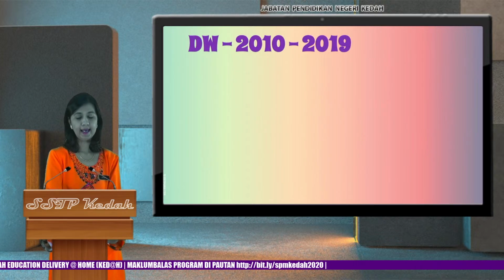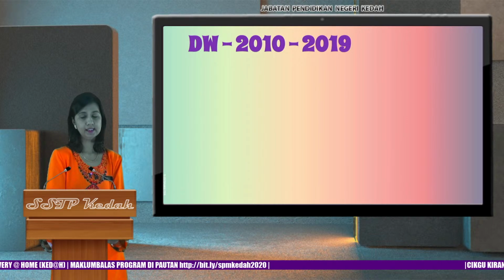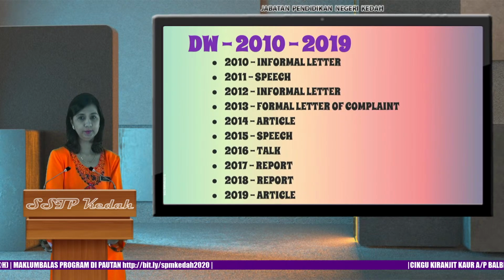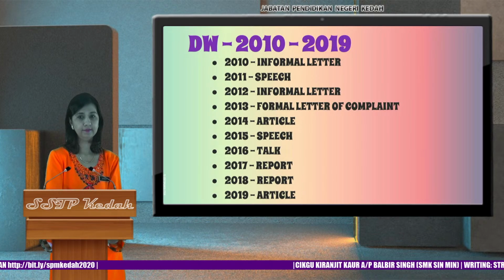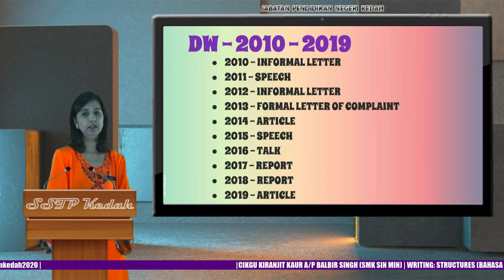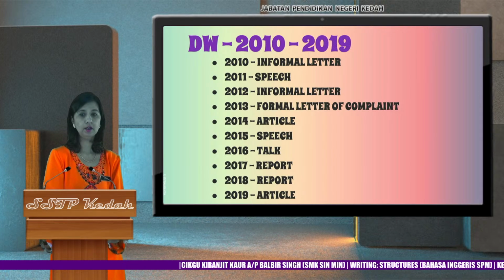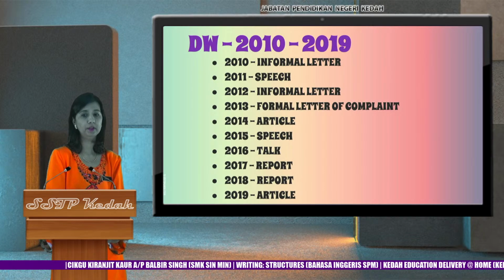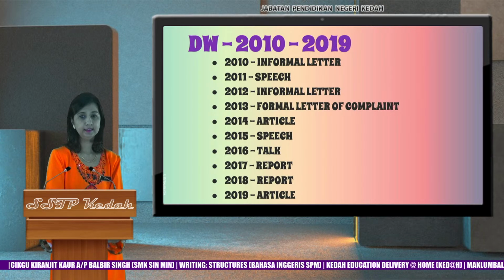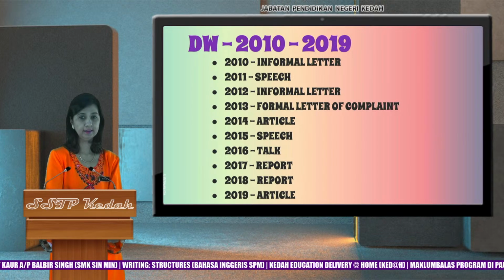Let's look at the directed writing formats for the past 10 years. Ooh, look at them. All in random orders, from informal letter to speech and article, speech, talk. In 2017 and 2018 continuously report was tested, and last year we had article writing.